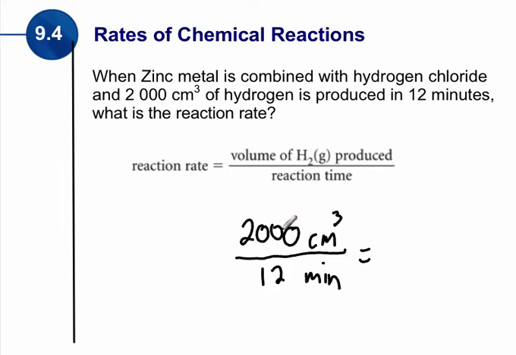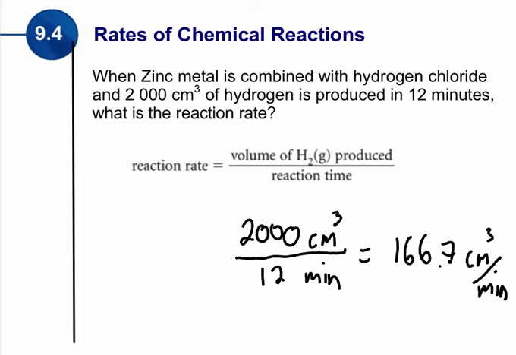We just put 2,000 divided by 12 in your calculator, and if we were rounding this, we would get 166.7 cubic centimeters per minute. And again, we could change that reaction rate to whatever time we like, but there's our amount that's produced per minute. There's the rate of our reaction.